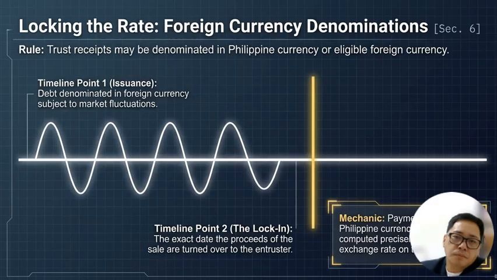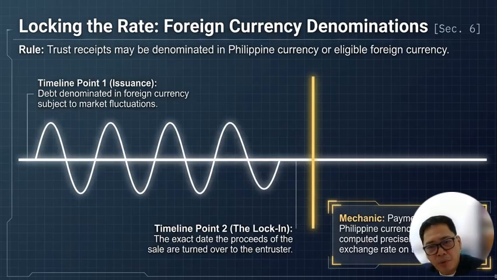Section 6 of the Trust Receipt Law, PD 115, governs the currency in which a trust receipt may be denominated, which is particularly important for importers dealing with international trade. So, allowable currencies.